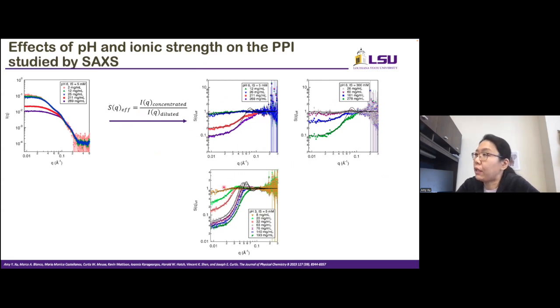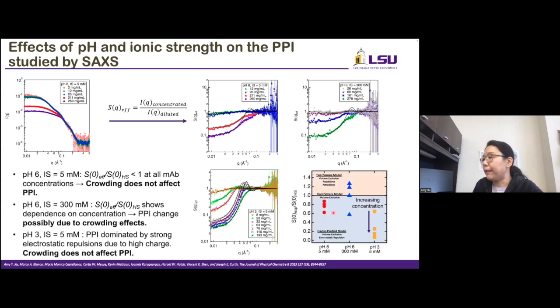But we can also move on and fit the structure factor profiles, and that's why I have generated this plot right here. The S(0) from experiments divided by the S(0) derived from the hard sphere model, this structure factor ratio, can tell you something about which model you are using to fit the data.